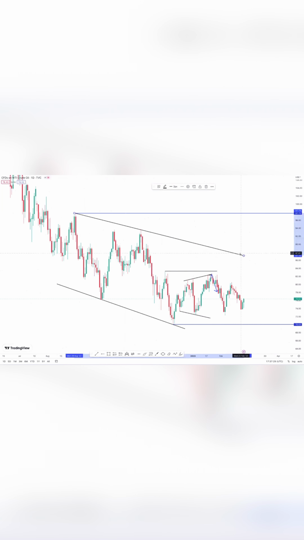This one has played out already because it rejected the equal low after sweeping the low. After sweeping this low, we had the move to the upside. So I think this particular structure is no more valid. This particular trend line is no more valid.